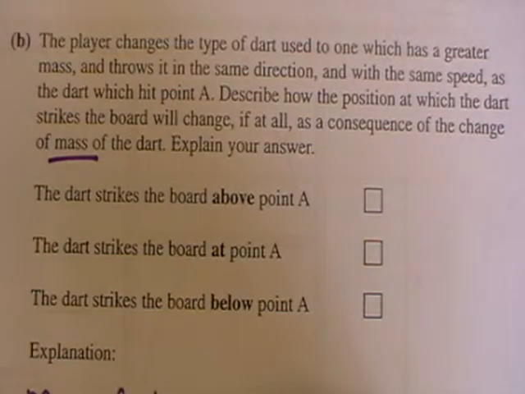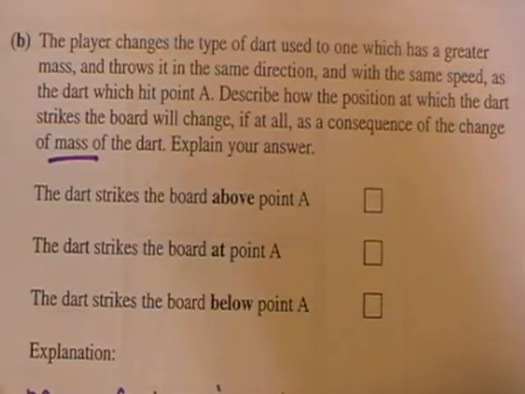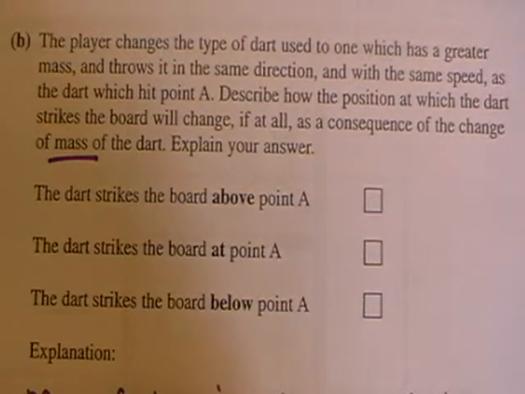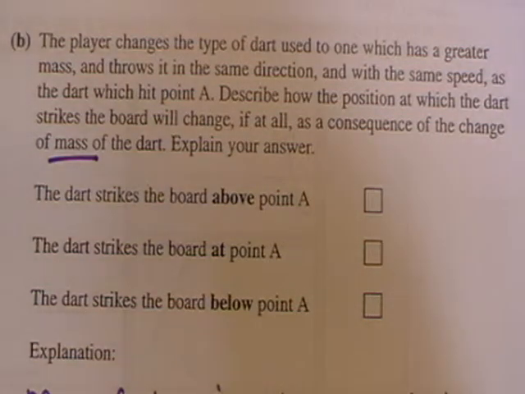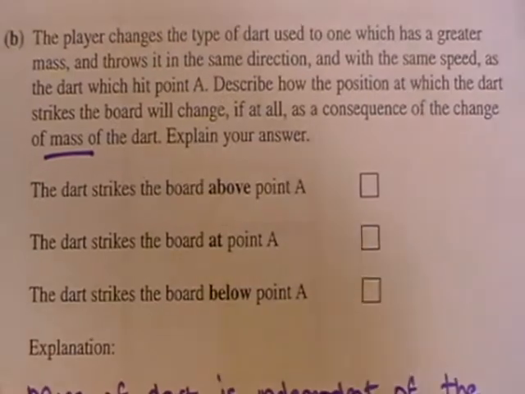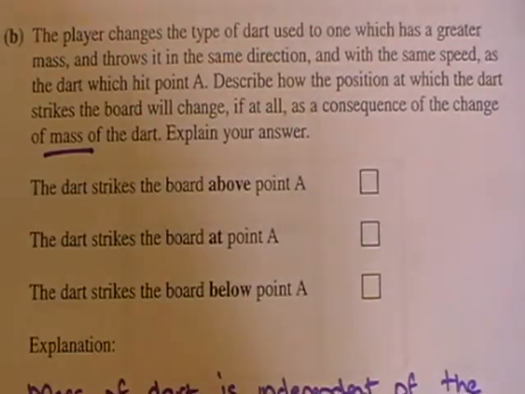The mass of the dart is independent of the final speed, and that's only affected by acceleration due to gravity. And therefore, if it's independent of the final speed, it's also independent of the distance travelled.